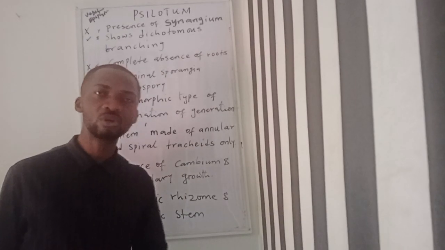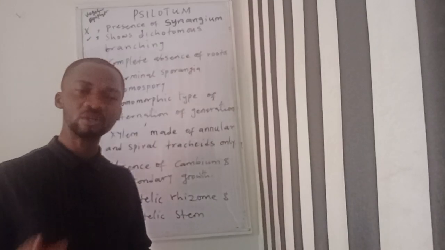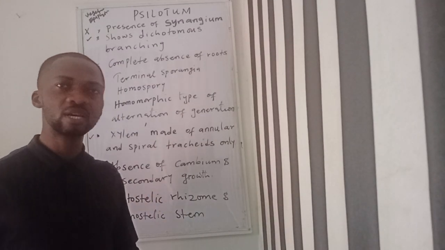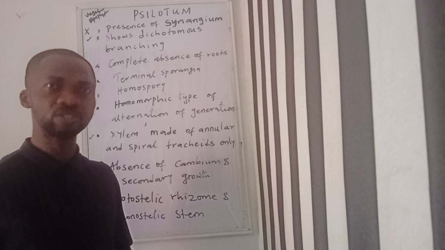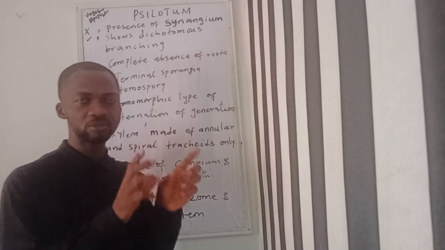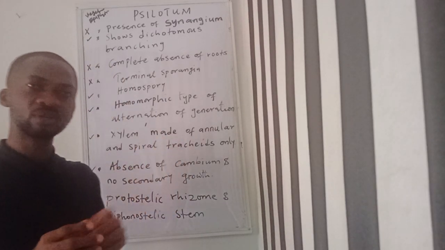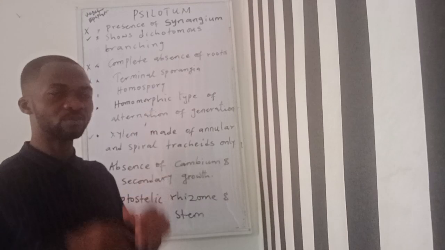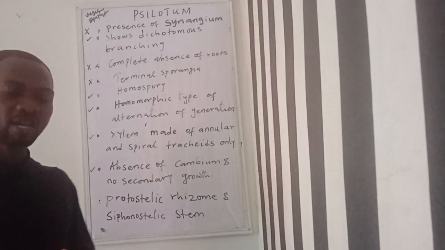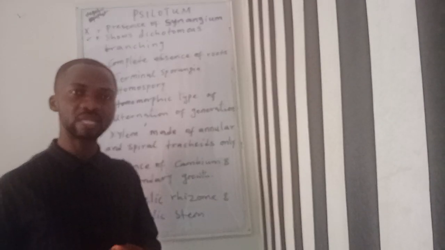Of course, you have what is called the alternation of generation. Higher plants alternate between the sporophytic stage and the gametophytic stage. But if you look at the gametophyte, which is also called the prothallus of this Psilotum, we are still going to come to that when we get to the life cycle. I'm just listing out the characteristics.